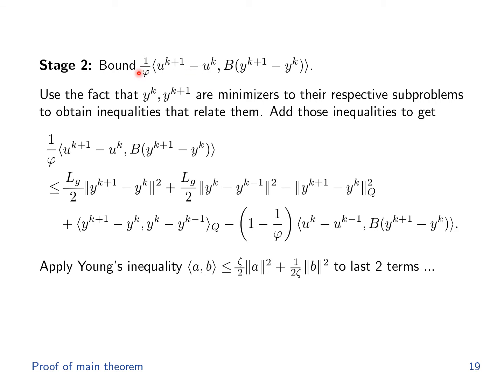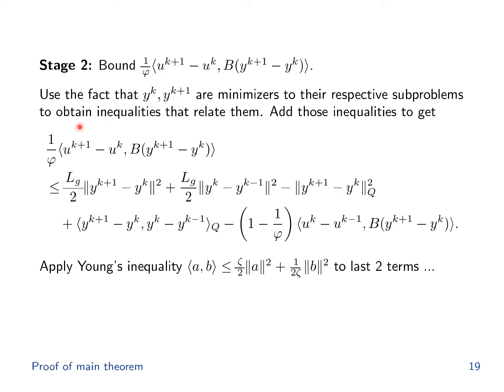We first bound the second inner product on the last slide. Notice that there are yk plus 1 and yk in this inner product. So we can use the fact that yk and yk plus 1 are the y subproblem minimizers at the k minus 1th and the kth iterations.